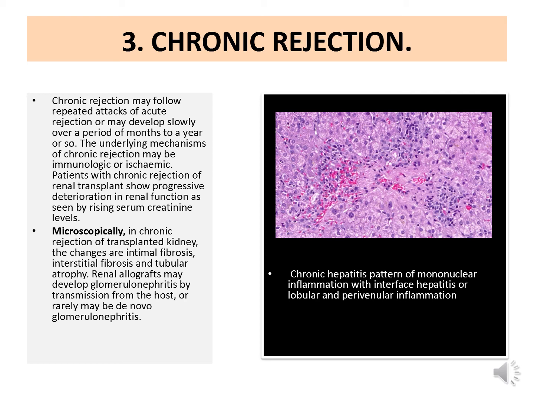Here we see the microscopic features of chronic hepatitis: a pattern of mononuclear inflammation with interface hepatitis, or lobular or perivenular inflammation, cell infiltrates and hemorrhages with dystrophic and necrotic changes within the liver tissue.